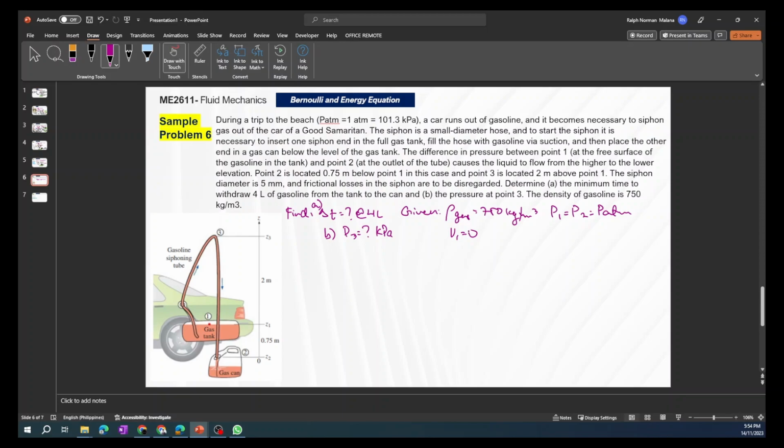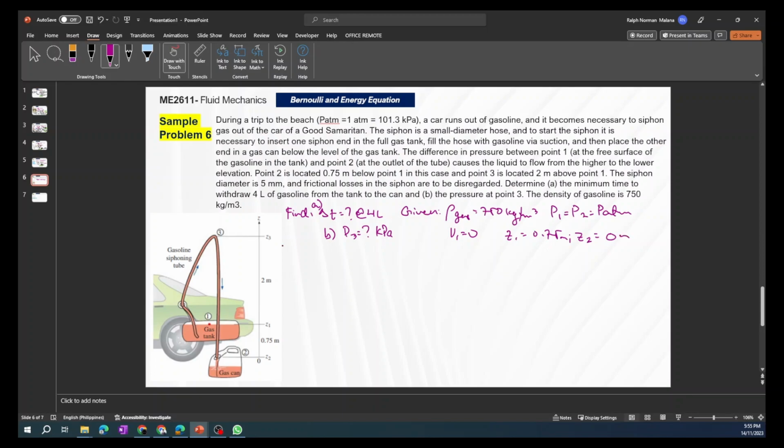What else? We have the elevation difference between Z1 and Z2, which is going to be 0.75. No, actually, it's just Z1. Z1 is our 0.75 and Z2 is our reference baseline at 0 meters.